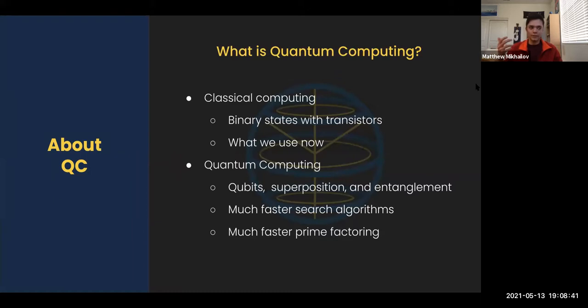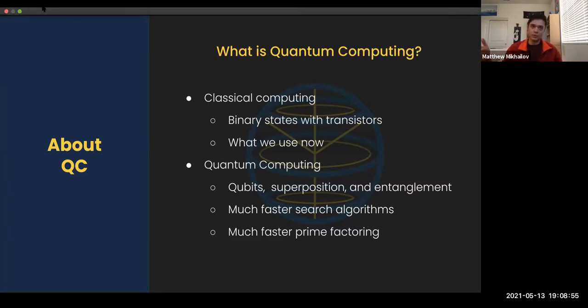Mostly that is a function of superposition, essentially the qubits being able to be in a mixture of 0 and 1 states at the same time, and also entanglement, which is basically when two separate qubits can be in a very special kind of state where, based on the state of one qubit after a measurement, you can predict the state of the other perfectly.